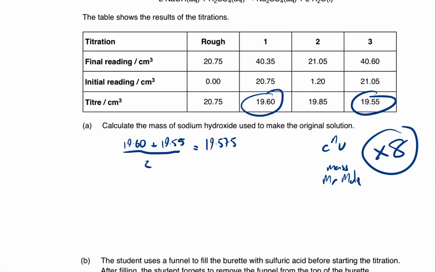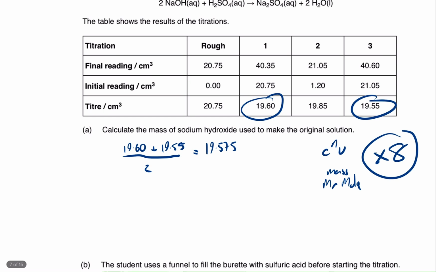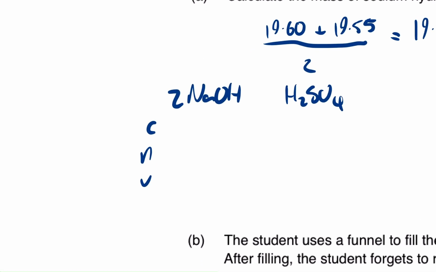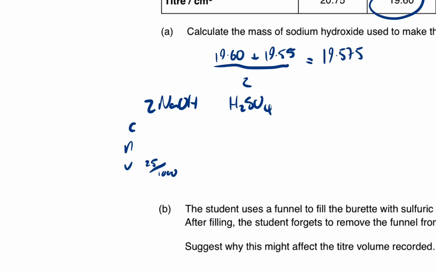Now we can start putting everything in our table. So we've got 2NaOH plus H2SO4, and CNV. The volume of sodium hydroxide is 25 over 1,000. For H2SO4, we've just worked out 19.575 over 1,000.